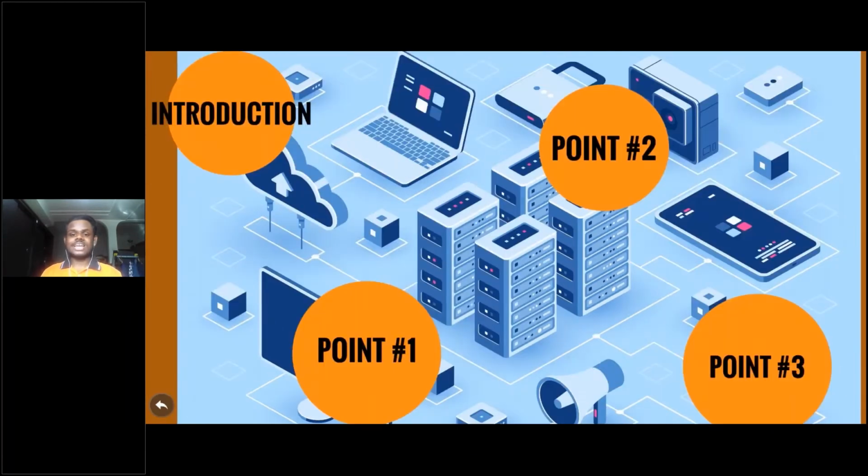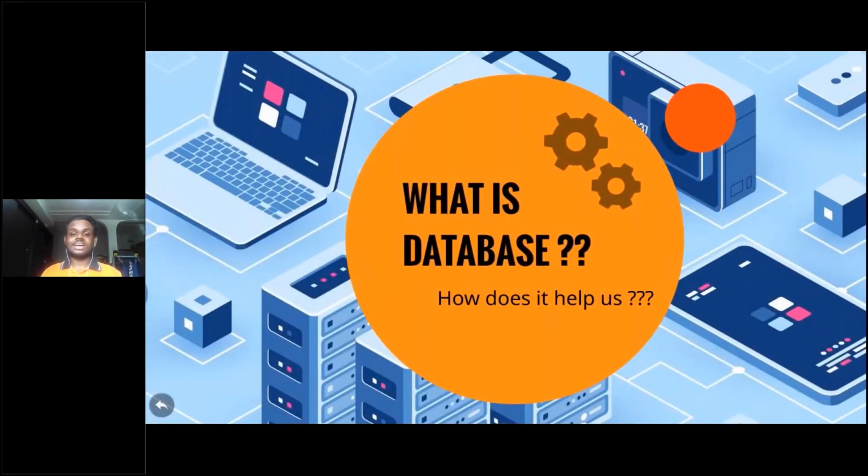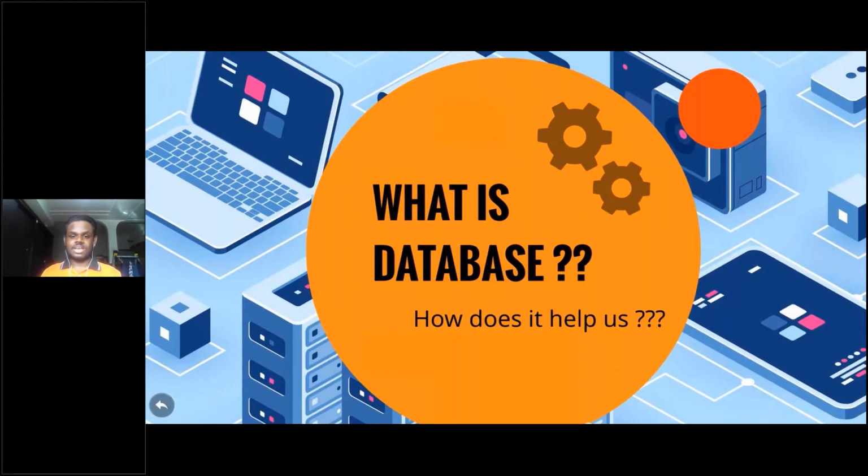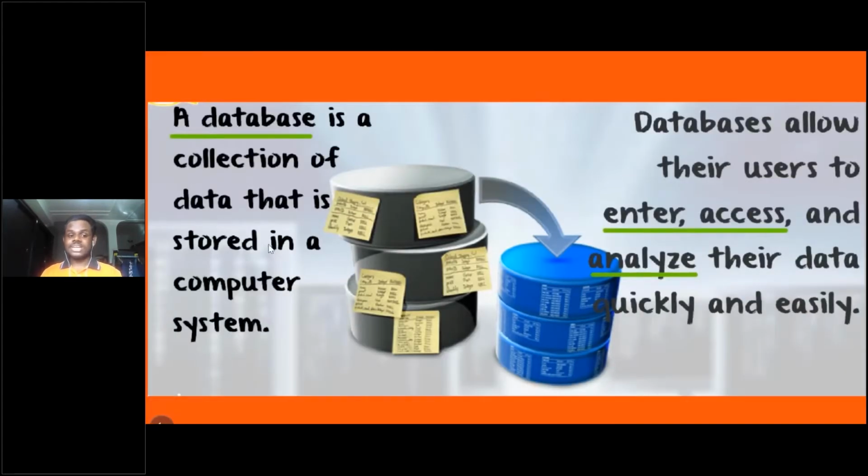Next, our second point is what is a database? A database is a collection of data that is stored in a computer system. What does it mean by collection of data? For example, in our school information system, we have a lot of data, such as students' data, parents' data, teachers' data, and course subjects offered data.